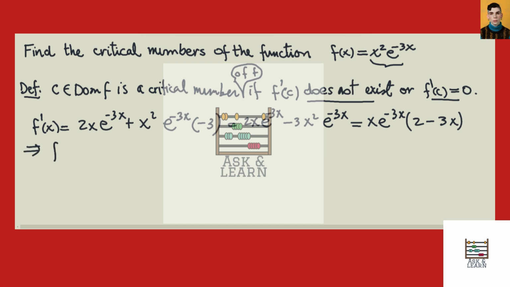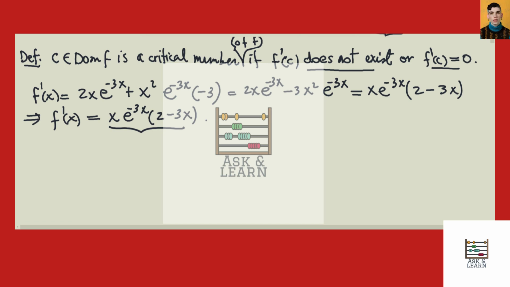That is, the first derivative of f has the expression x e to the negative 3x times 2 minus 3x. And this derivative here exists for any real number x.